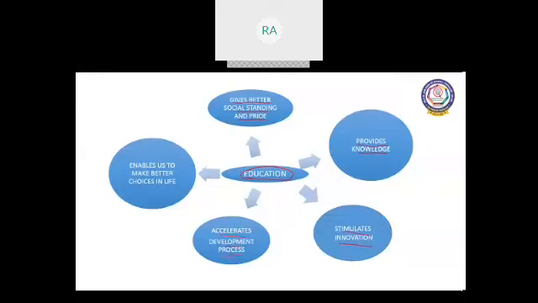This development leads to economic growth. Education enables us to make better choices in life. If you are not happy with a job, you can easily leave the job and shift to a better job where you get better prospects.